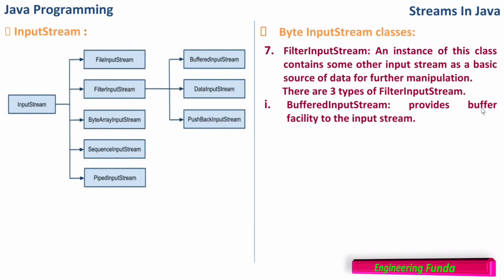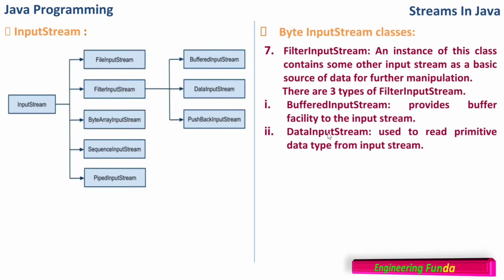It provides the buffer facility to the input stream. So if we know that there is some fluctuation in the network during the transfer of the data, then we can make use of this BufferedInputStream so that the data which is coming from the sender can be buffered to the extent which is required, and then we can process it.